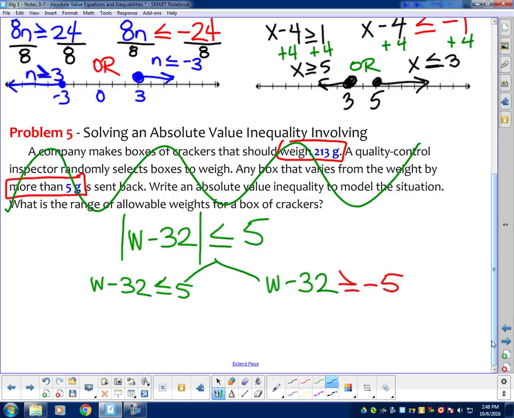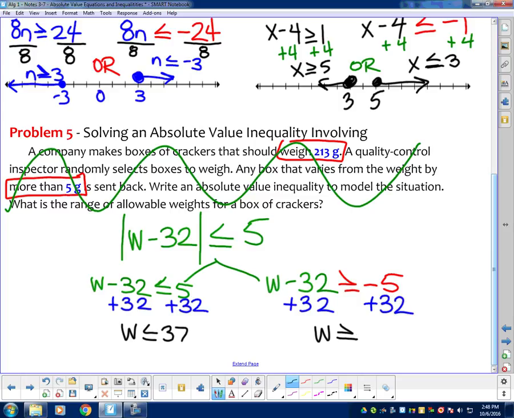Yes. Are we correcting this one? Yes. -5 plus 32 is what? 27. Yeah, 27 is right.